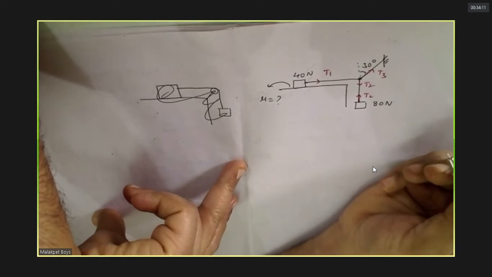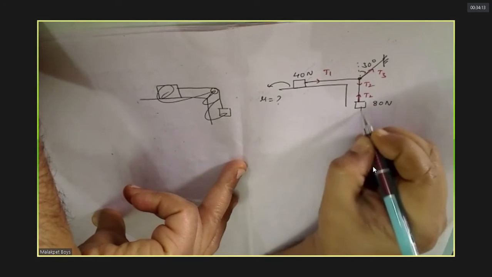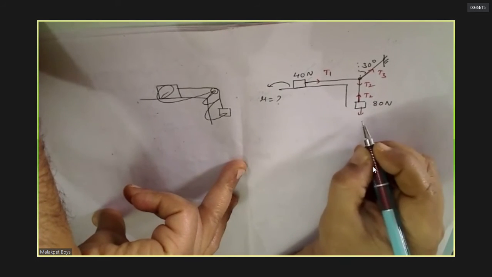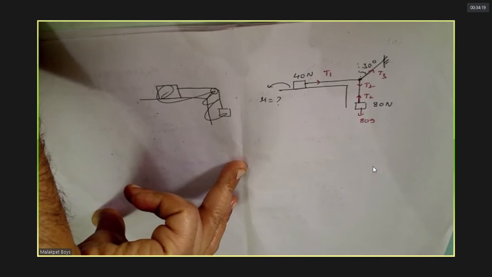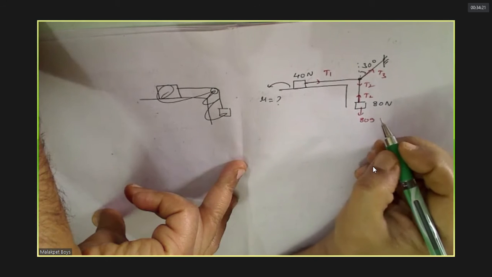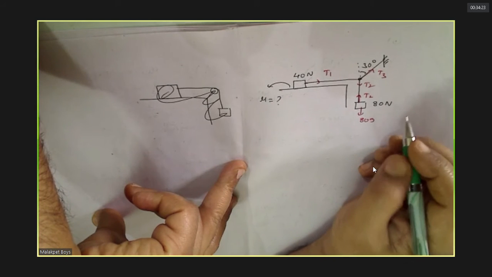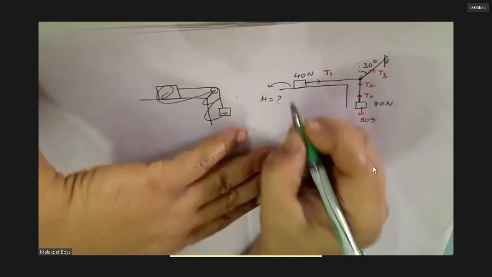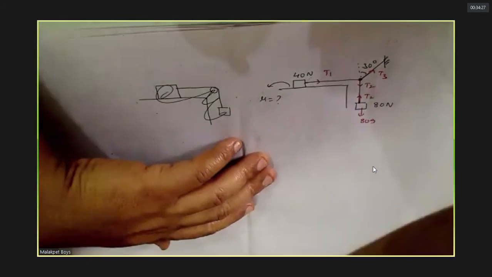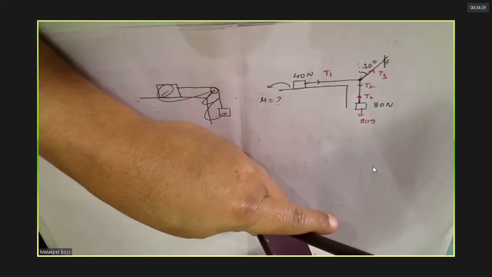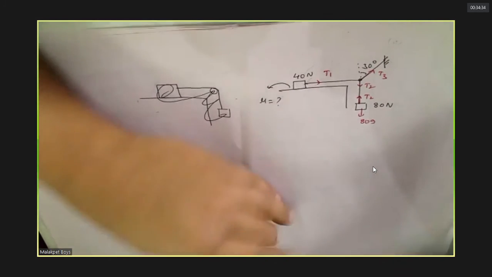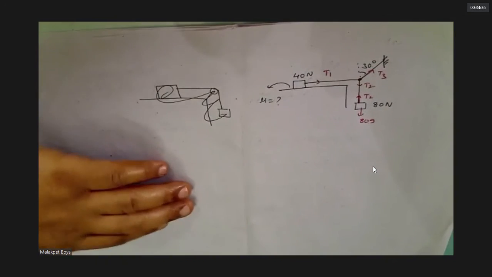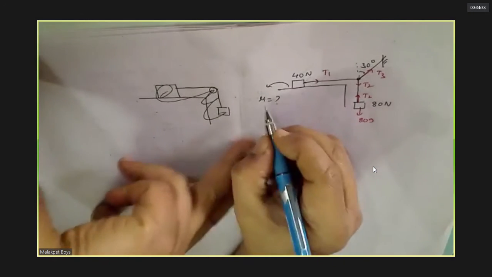Now this is Mg. Clear? What is the limiting friction? Did he say the blocks are moving? Static friction is what he is saying. Static means he is asking to find mu s.